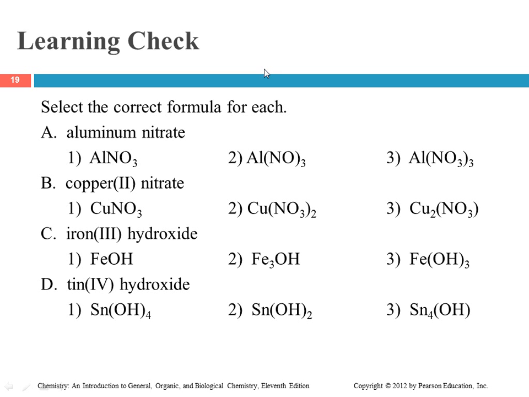Then we swap our numbers, so 1 here, 3 here. And for the last one, we have a transition metal again. So we have tin, 4, and hydroxide. If we swap our numbers, we end up with this.